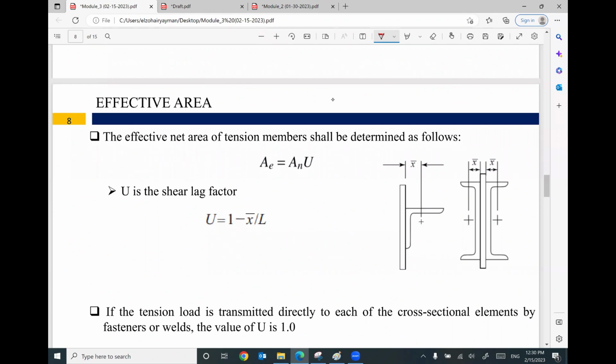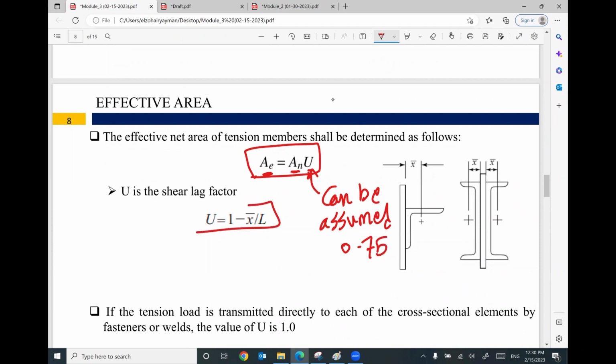Here we go, this one. Area effective equals area net times U. This value of U can be assumed. We have different values, but it can be assumed 0.75. We have an expression for U, but I recommend to assume 0.75.